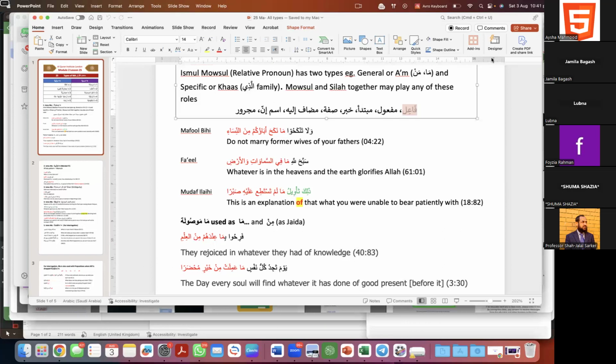Sabbaha has a hidden fa'il, huwa. When there is huwa, as an advanced student you are looking for the possibility of an external outside doer.